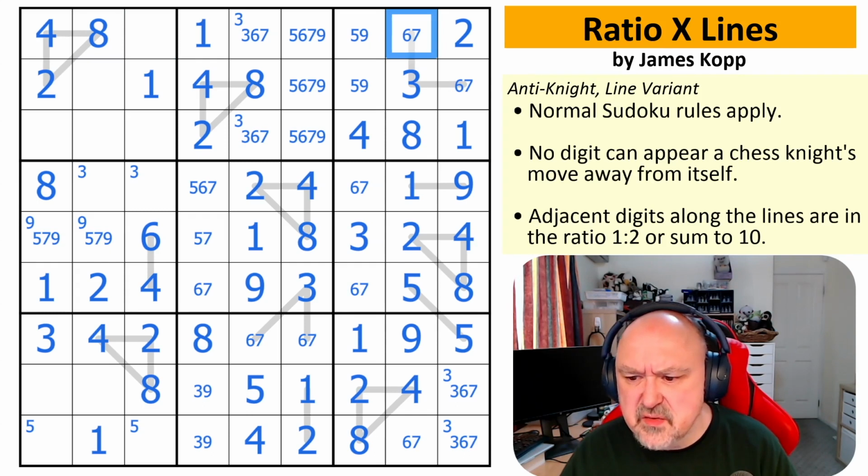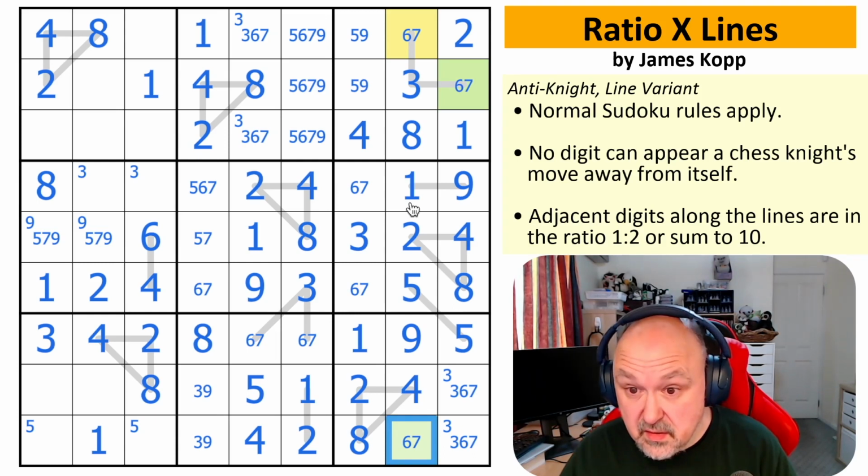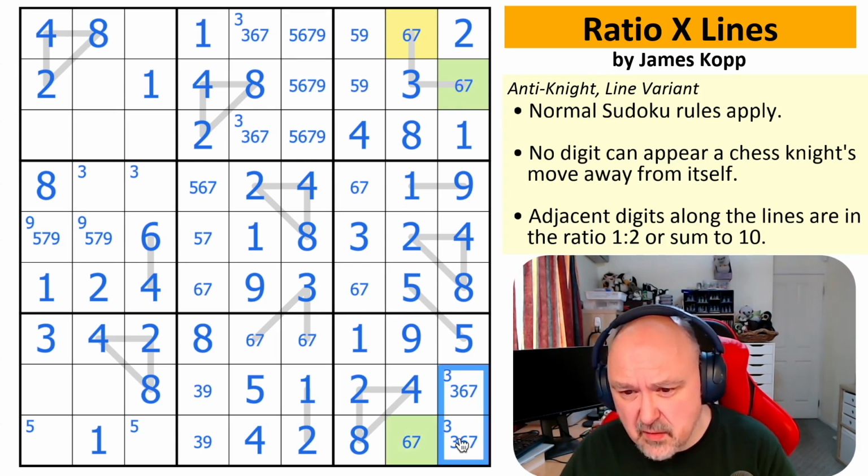Okay, let's start doing some 6, 7 colouring. This is green. Has that run out already? Maybe I started in the wrong spot. One of these is yellow.